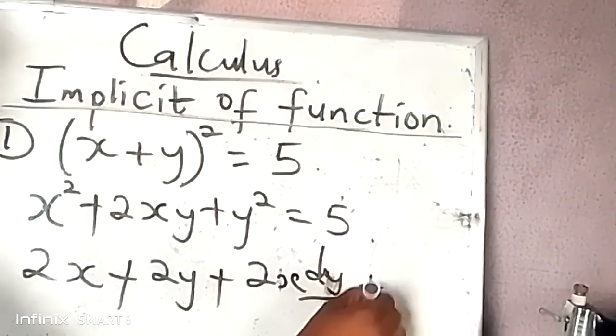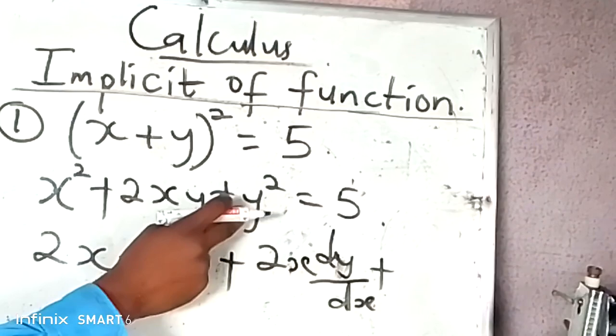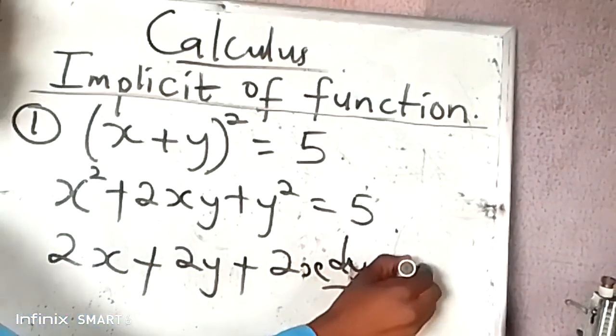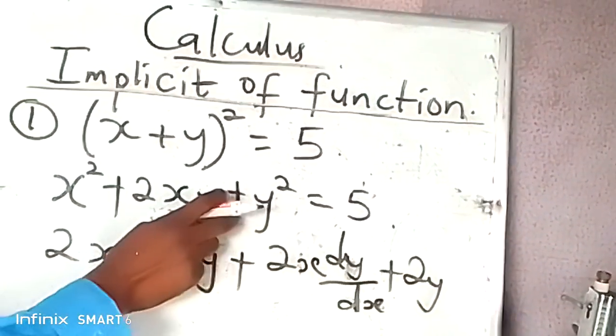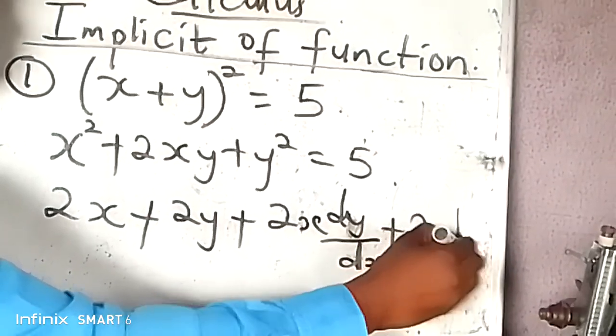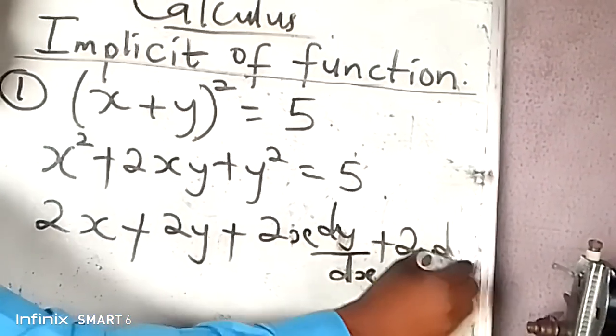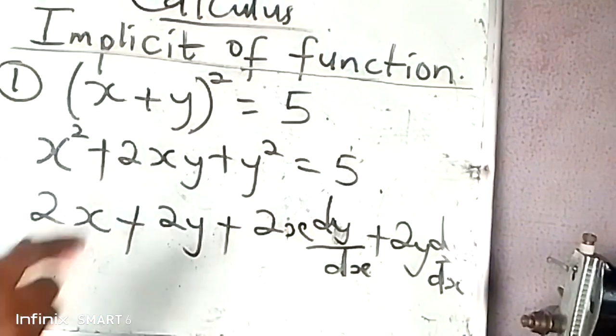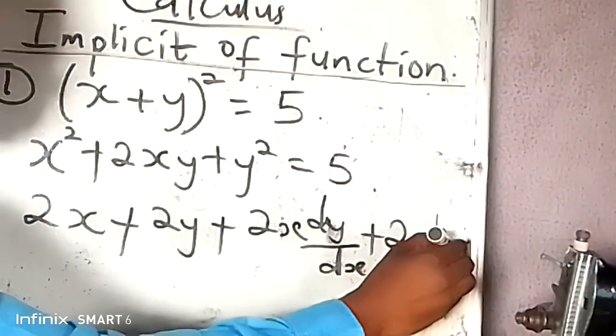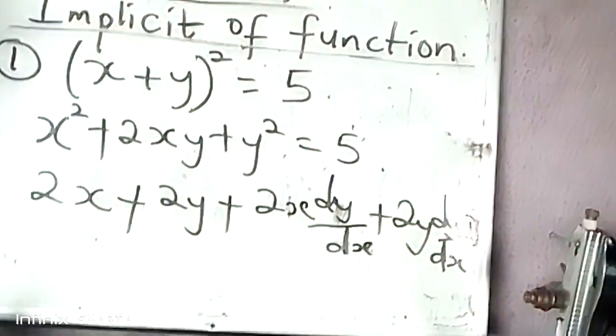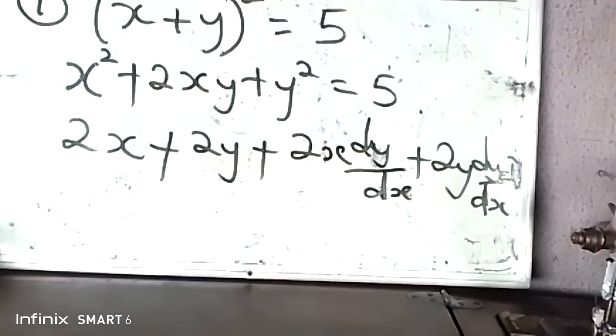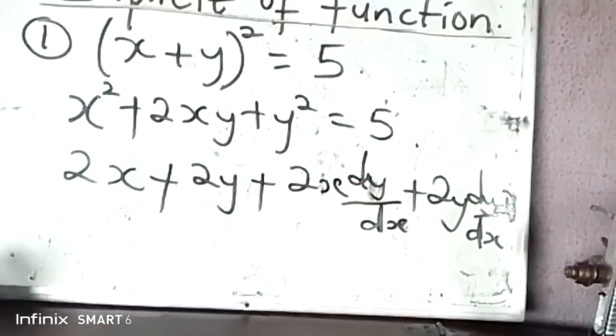Plus, what is the differentiation of y squared? That is 2y, and because it is y, I will write dy dx. Equals, what is the differentiation of 5? That's 0. Now, let us bring the ones that have dy dx together.